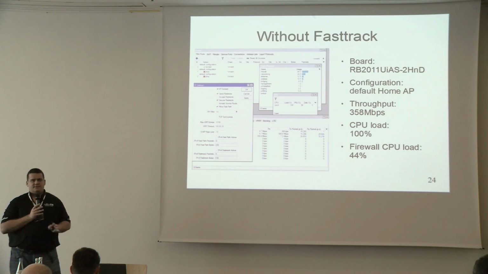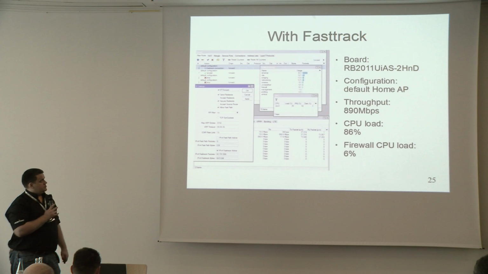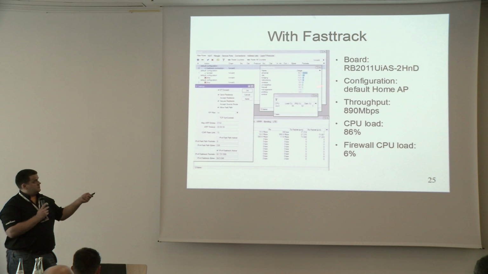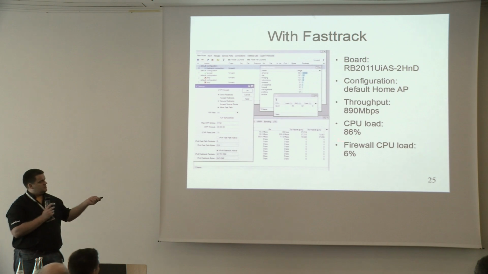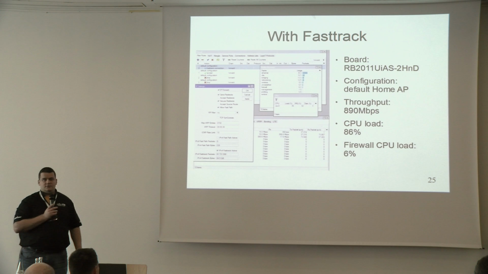So the device maxed out, you cannot squeeze anything more out of it. Then just add that rule, and now you have 890 megabits per second. CPU load is not 100, and firewall CPU load is down to 6%.